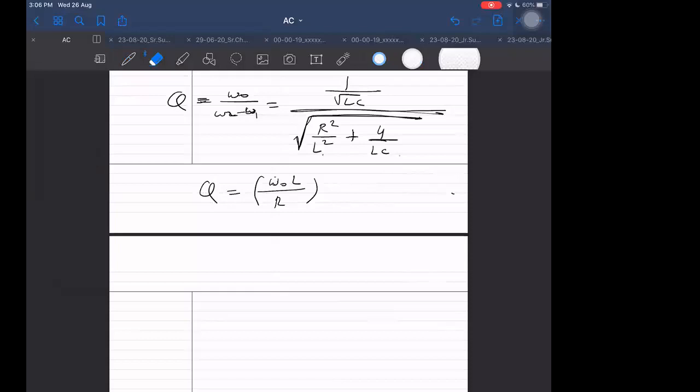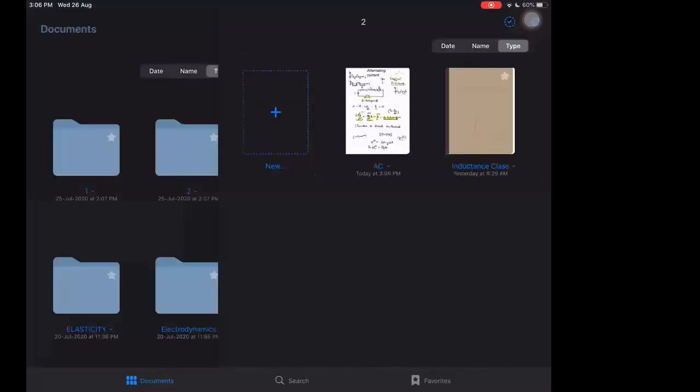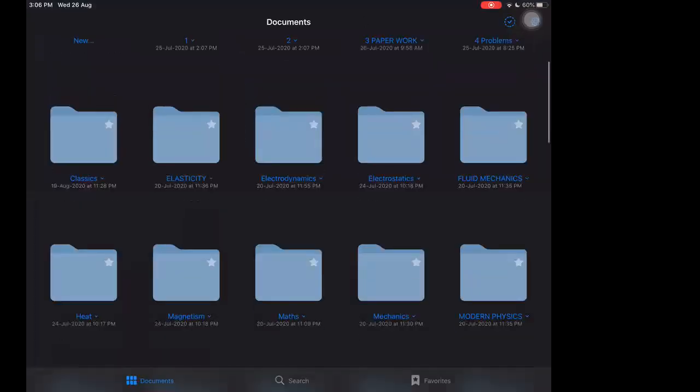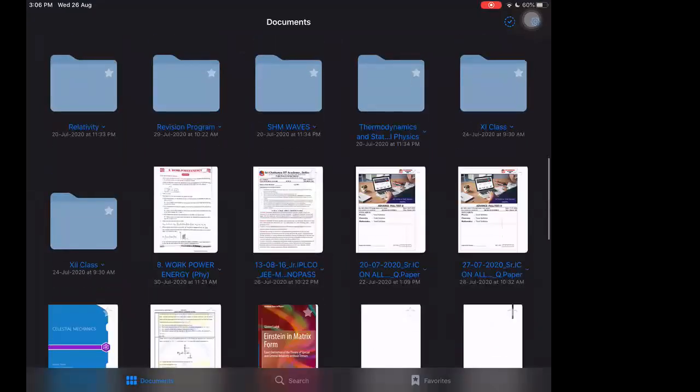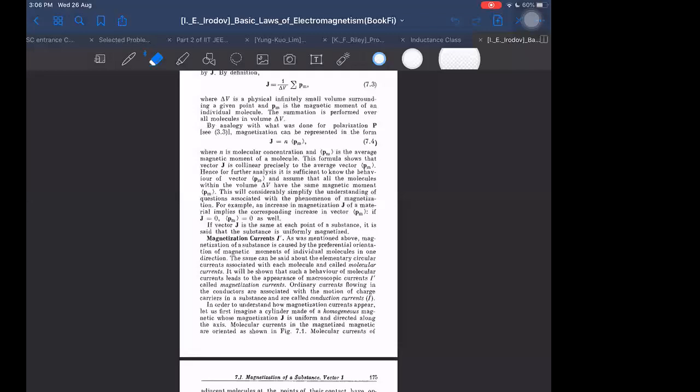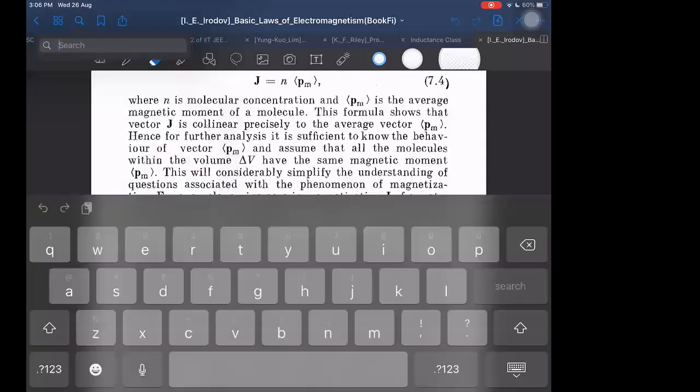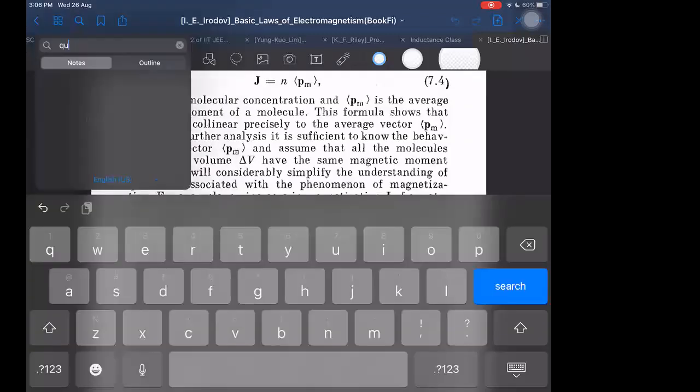Okay, let me do one thing. Here I have one book also. I can see what is given in that book. Erudov. Let me check once. I was looking for quality factor.